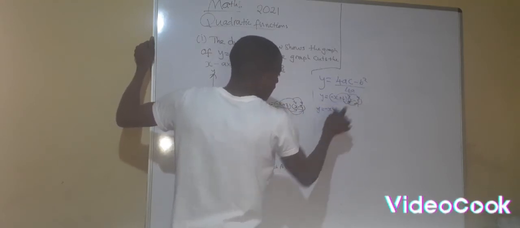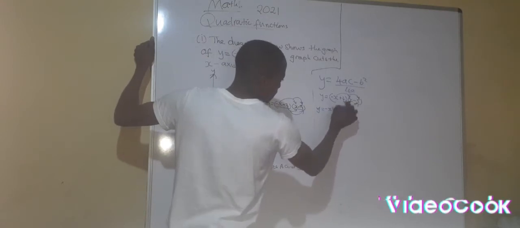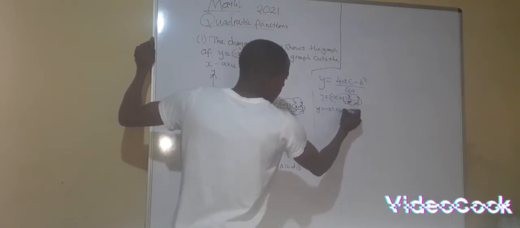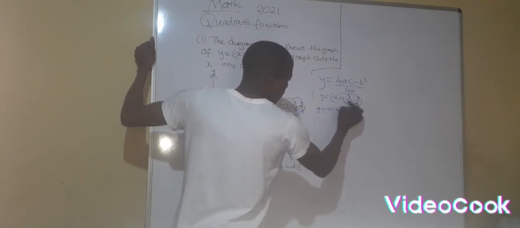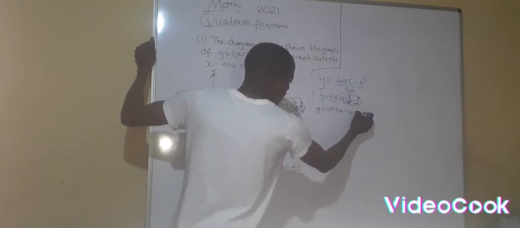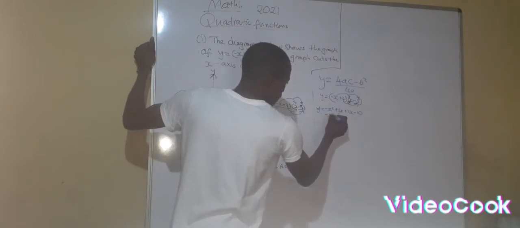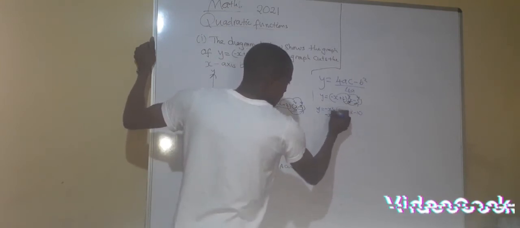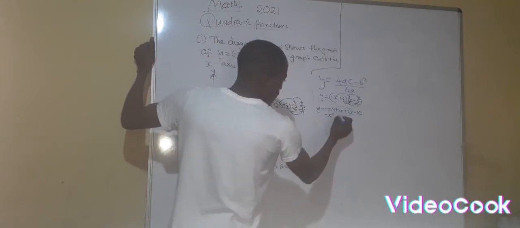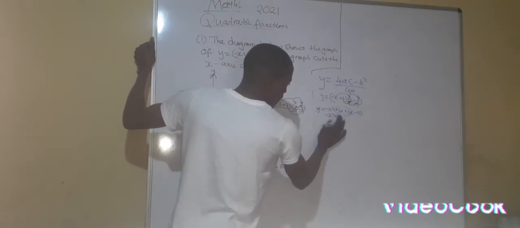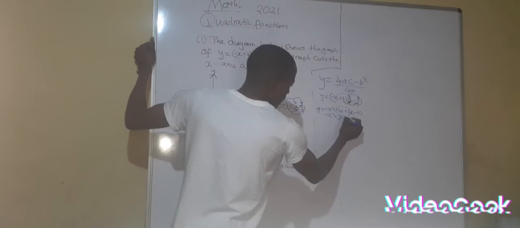Negative x times negative 5, positive 5x. 2 times x, we have positive 2x. 2 times negative 5 is negative 10. Then you add the like terms, 5x and 2x, and you get positive 7x minus 10.